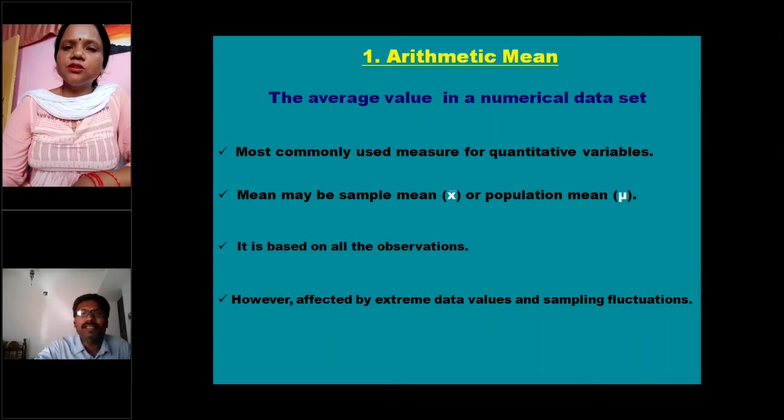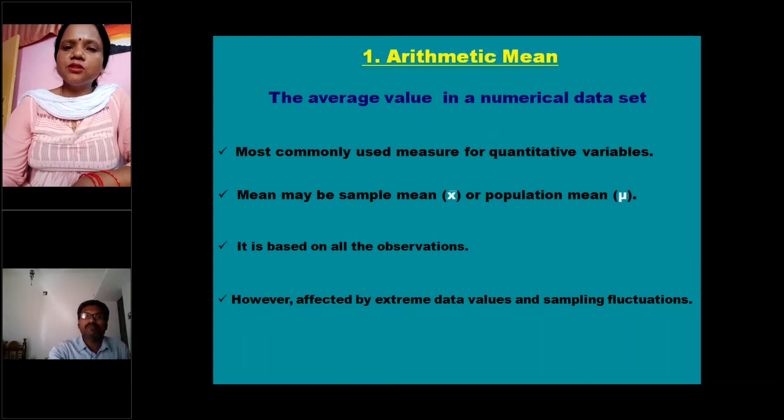And as I said, if the data is ungrouped, we can find the arithmetic mean without using the formula. But for ungrouped data with the frequency, then the arithmetic mean can be calculated by using the formula. And so this is the formula. As I said, x bar is the mean.